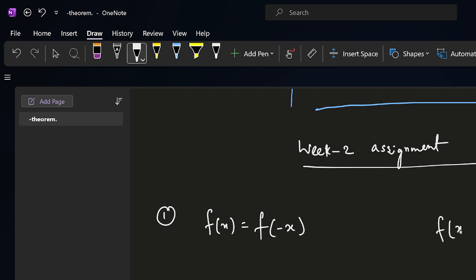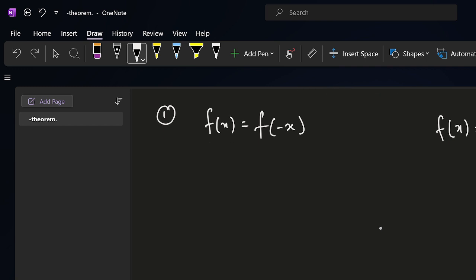You can verify that the function given in the first part, 1 by x squared plus a squared, is an even function, because if you put f(-x), you see that it is still the same, since minus whole squared is 1 again. So it is just f(x). That's why it is valid. Otherwise this theorem does not hold if your function is not an even function. Remember that.